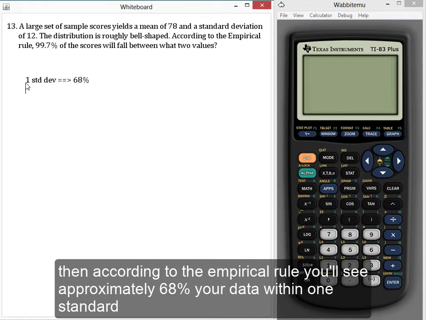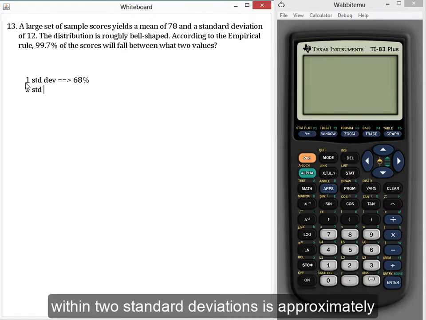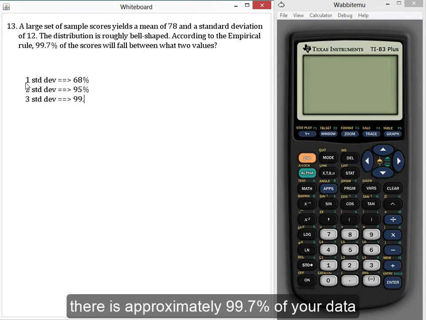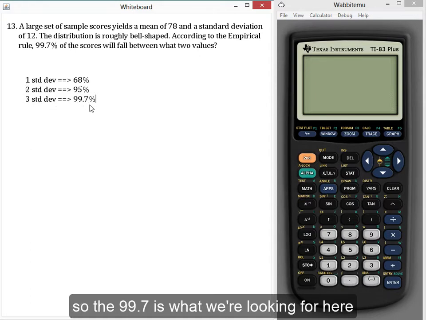Within two standard deviations is approximately 95% of your data, and within three standard deviations, there's approximately 99.7% of your data. So the 99.7 is what we're looking for here.